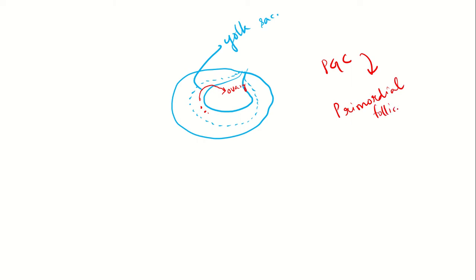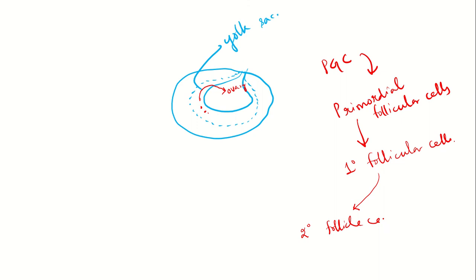These primordial follicular cells will further develop into primary follicular cells, and these will develop into secondary follicle cells. Then the tertiary follicle cells will form, and these will mature to form the Graafian follicle.